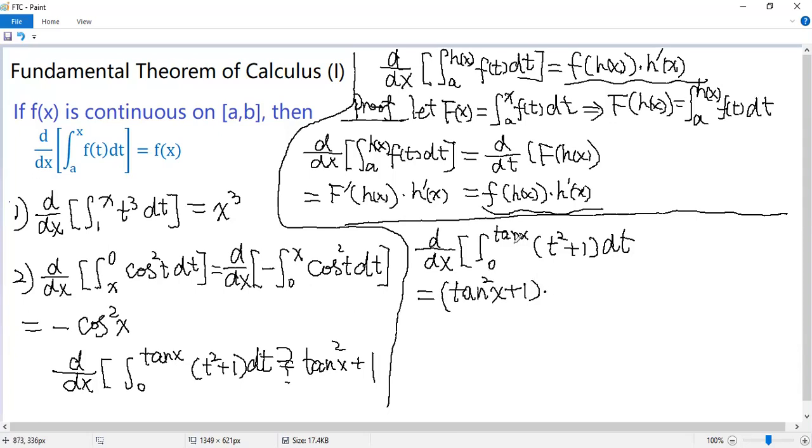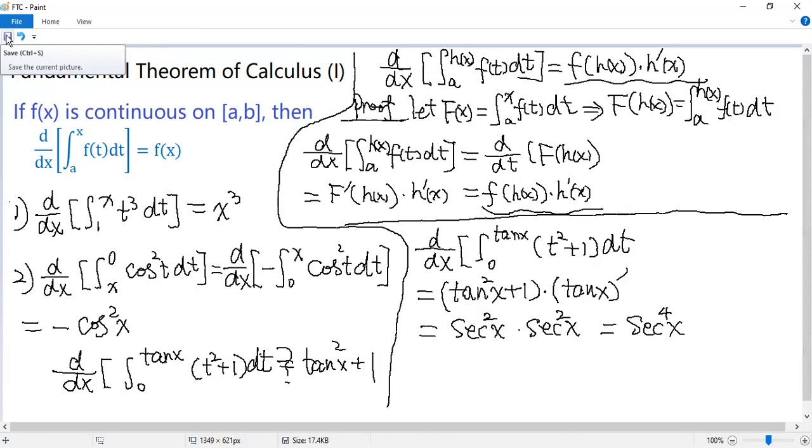And then multiply by the derivative of the upper limit 10x. We know 10x squared plus 1 equals secant x squared. And the derivative of 10x also equals secant squared. So finally, we get secant x to the 4.